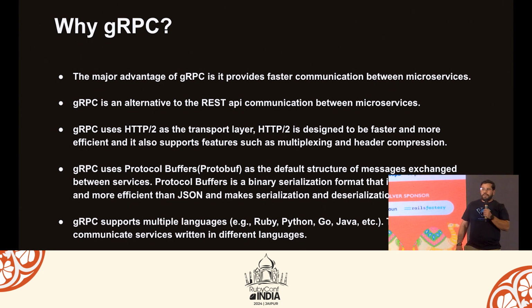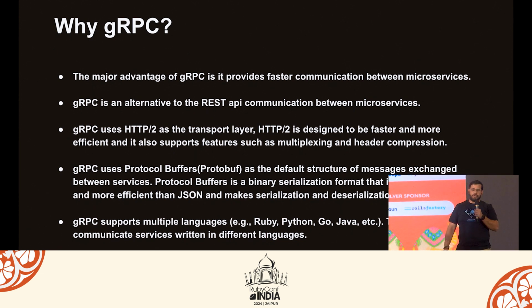Then the vital part of gRPC is protocol buffers, or proto buffers. A protocol buffer is actually a structure of the messages that is used for communication between microservices. Proto buffer is a serialization format, and that's why it is faster than JSON.